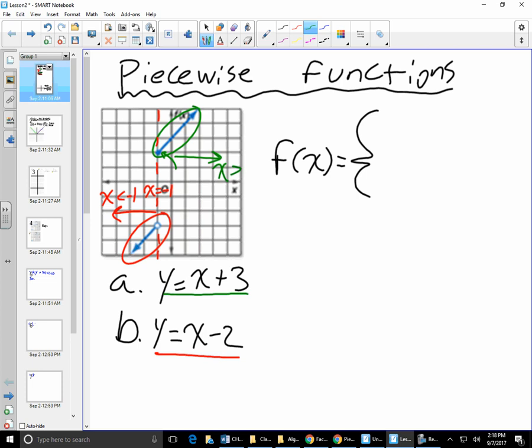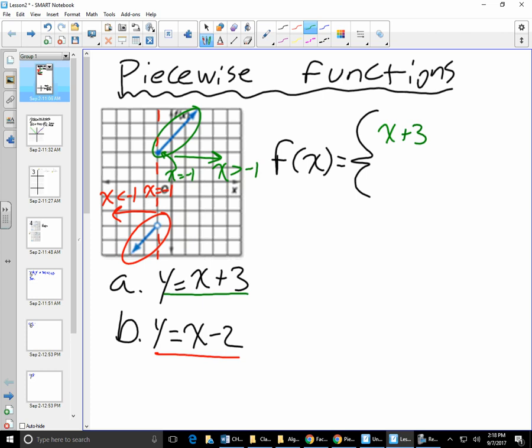So x greater than -1 exists, but also x equals -1 exists here. So what does this mean for us equation-wise? This means that for f of x, the top part gives us that x plus 3 is what's representative of f of x.